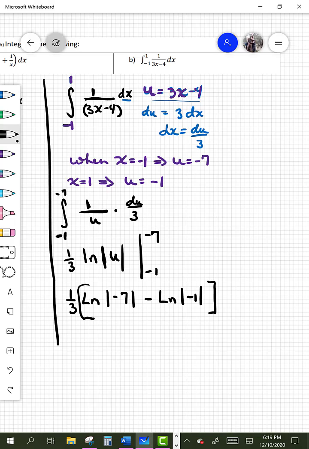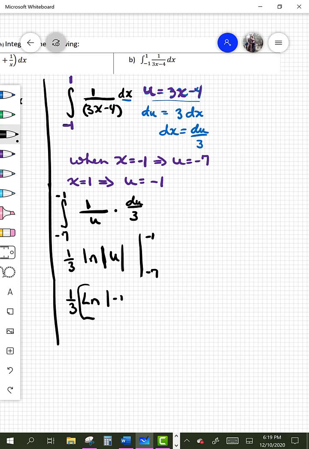This should have been negative 7 down here, and this should have been a negative 1 up here. I flopped them, which changes this a little bit. So this should have been negative 7 down here to negative 1.